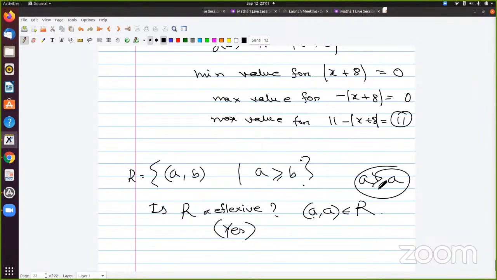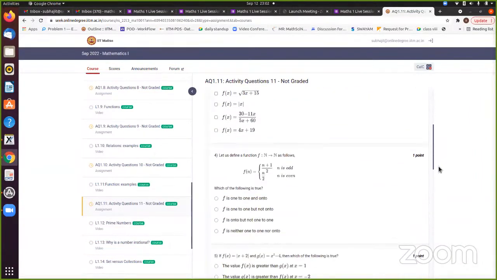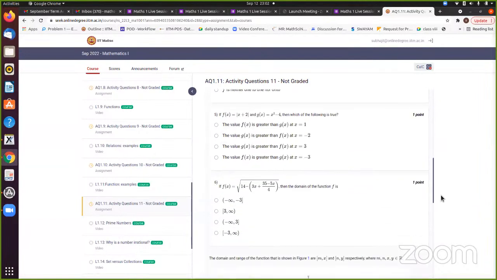Sir, sixth question, can you discuss it? Activity 11, sixth question. Why don't you try that? I have explained this type of question today.